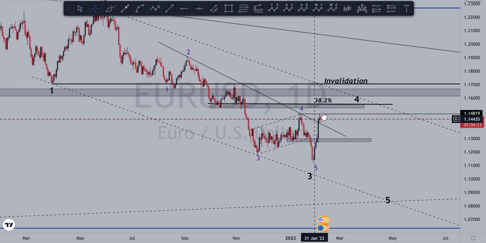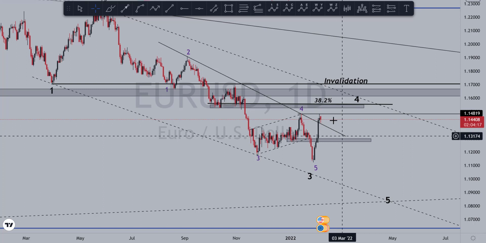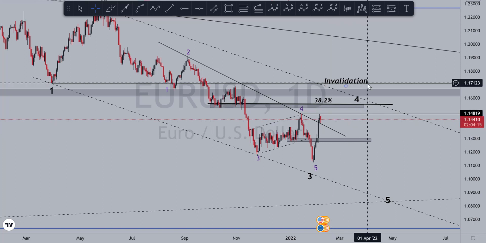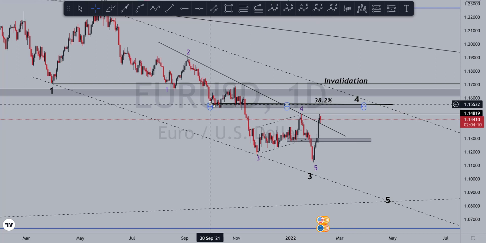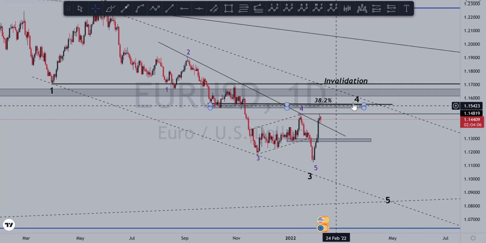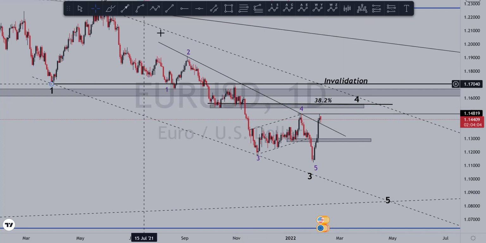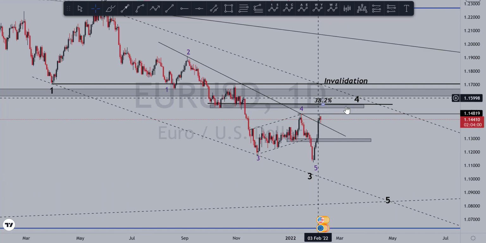Since we have broken a trend line there, we might see EURUSD just correcting into a form of a small little channel here before we can continue to the upside. But what I'm expecting is for this to go as far as the 38.2 retracement there. This is a retracement of this whole fifth wave movement up to this area there.